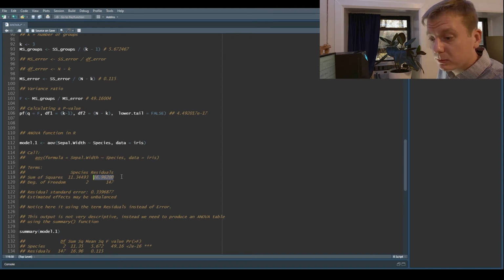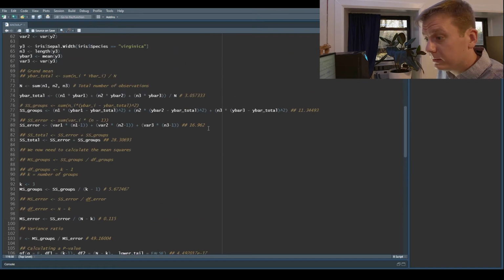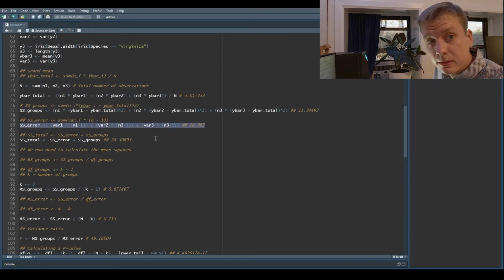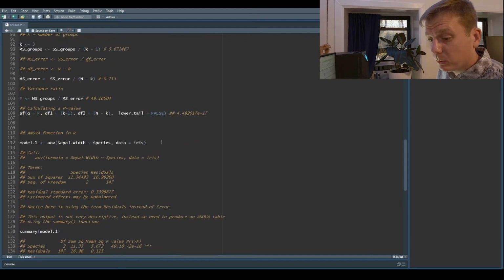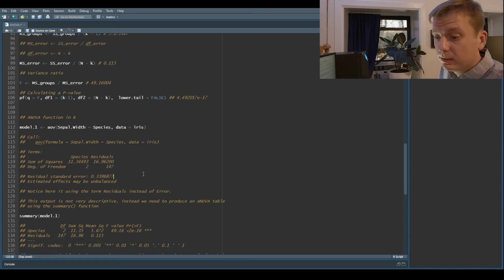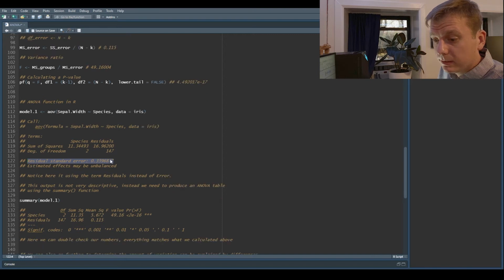And so the sum of squares residuals is also the sum of squares of the error. 16.96200. And there it is. So we calculated that correctly as well. We also have the degrees of freedom, 2 and 147. That also matches our calculations. And it gives us some residual standard error that we can ignore.